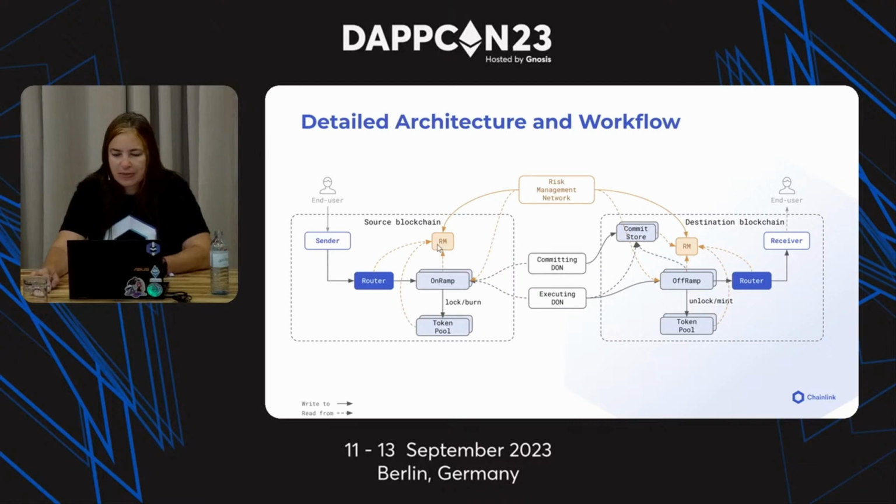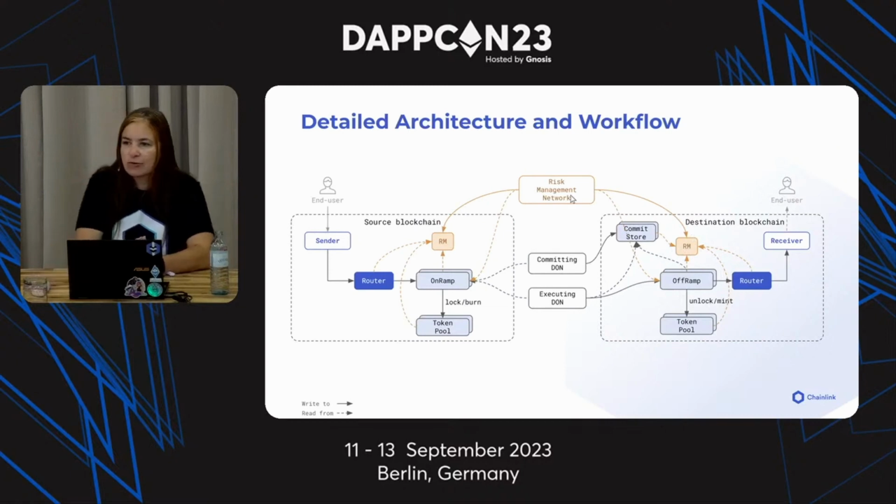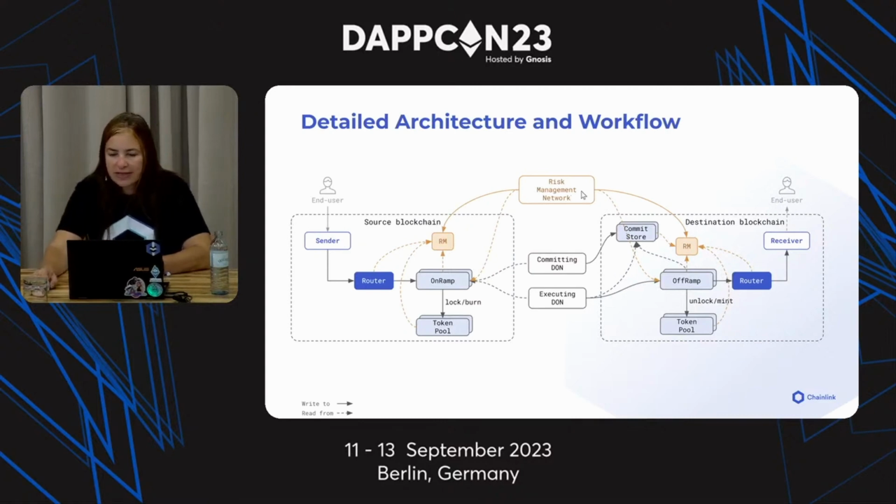In this way, before the transaction goes from the source blockchain to the destination blockchain, this network is also monitoring the number of blocks that we need to wait, and making sure that the transaction will not arrive before that.